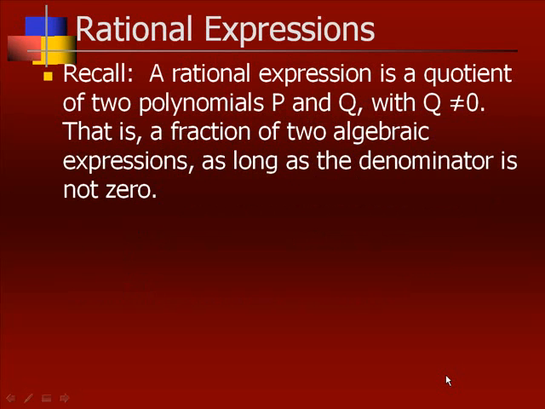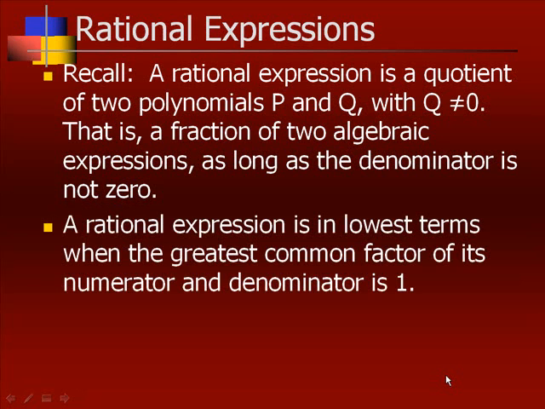Well, a rational expression is a quotient of two polynomials p and q, with q not equal to 0. That is, it's a fraction of two algebraic expressions as long as the denominator is not 0. A rational expression is in lowest terms when the greatest common factor of its numerator and its denominator is 1.